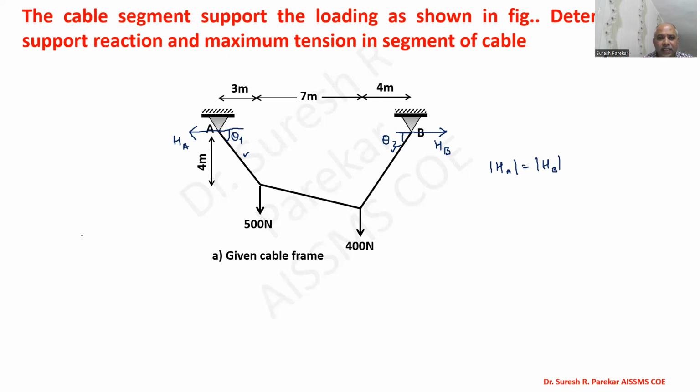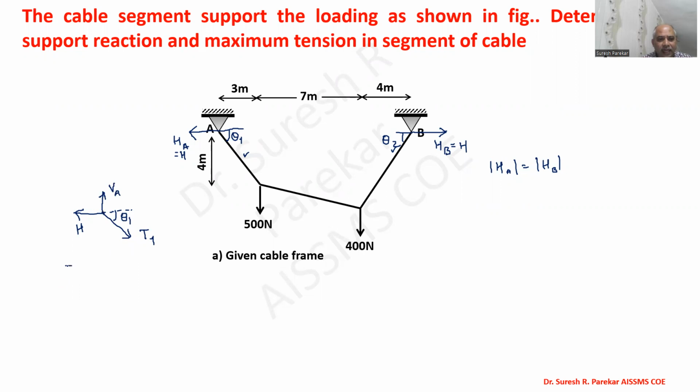If I consider joint A, then we will have this as H. Now I will say HA equals H, HB also equals H. So we have H, then this will be tension T1, this angle is theta 1, and this will be my reaction VA.